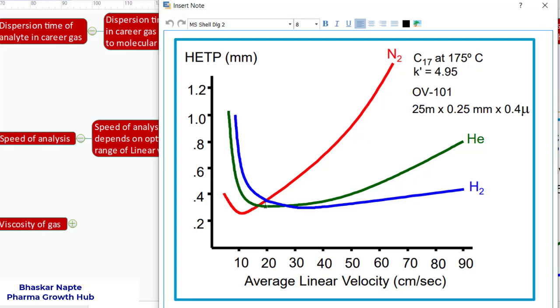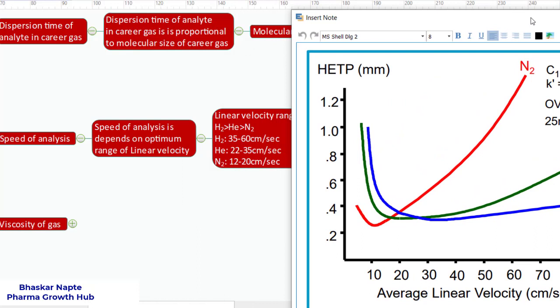And then if you look at the helium curve, it is not like nitrogen. This curve has a little slope, and because of that, the optimum range for the linear velocity of helium is quite good. It can start from around 22 centimeter per second to around 35 centimeter per second.